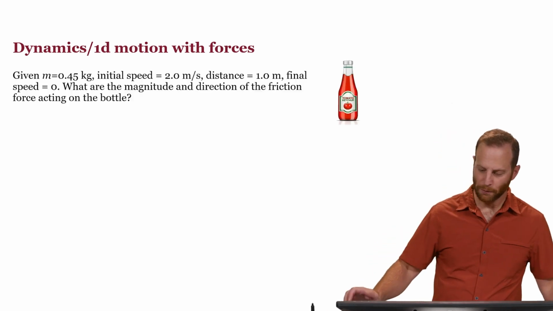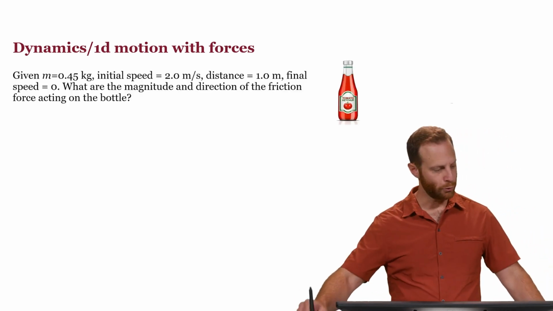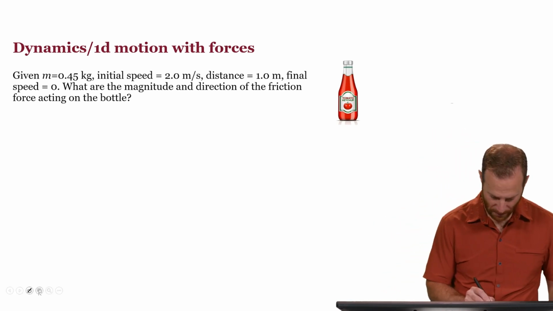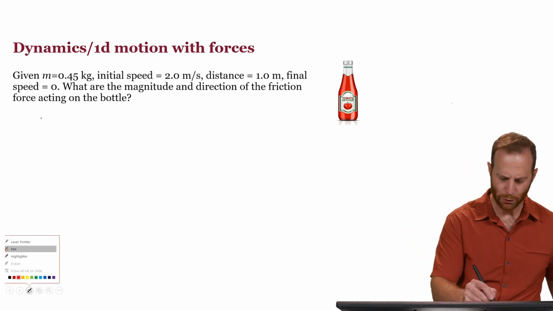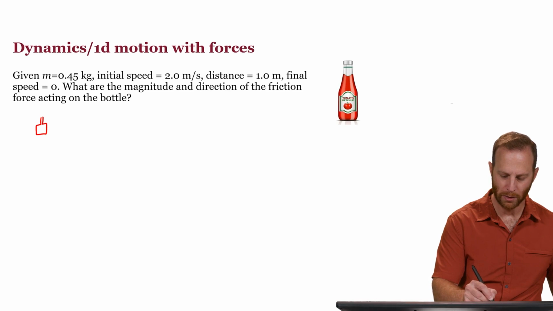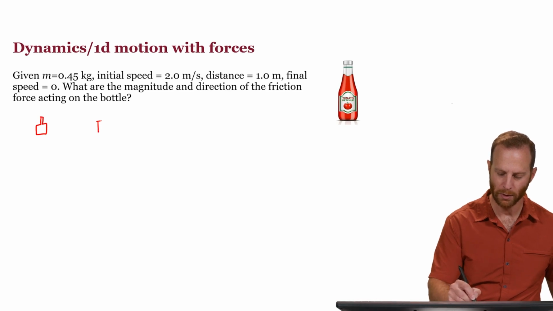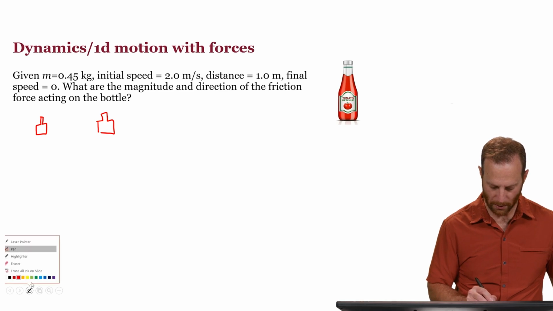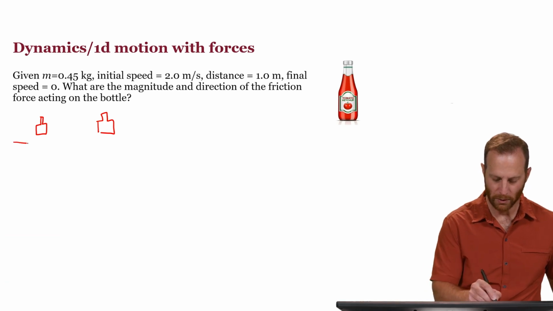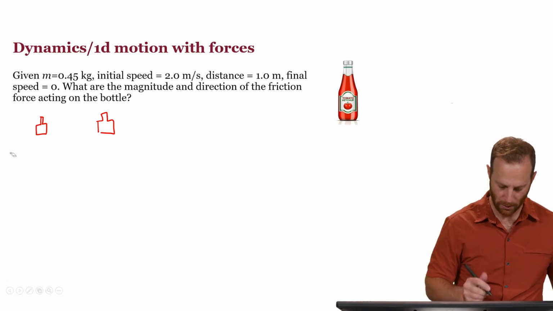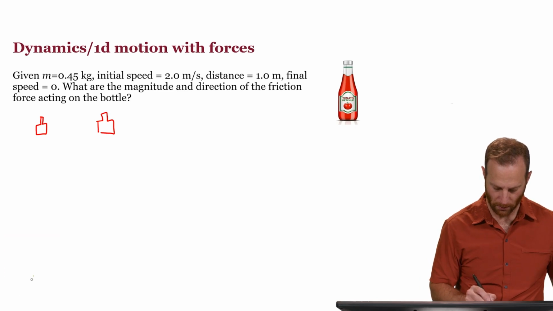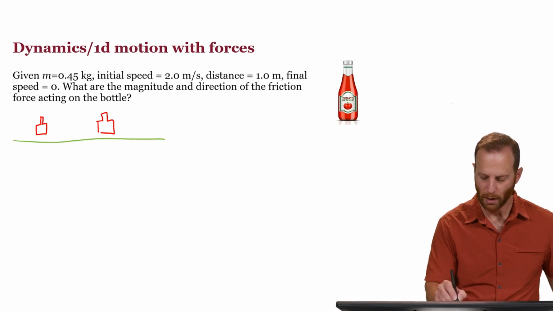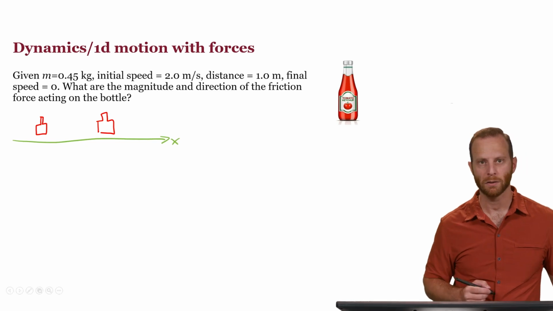So the first thing we want to do is draw a picture. I'll draw the ketchup bottle as simply as I can, where it starts and where it ends, and indicate an axis, which we might as well call the x-axis.